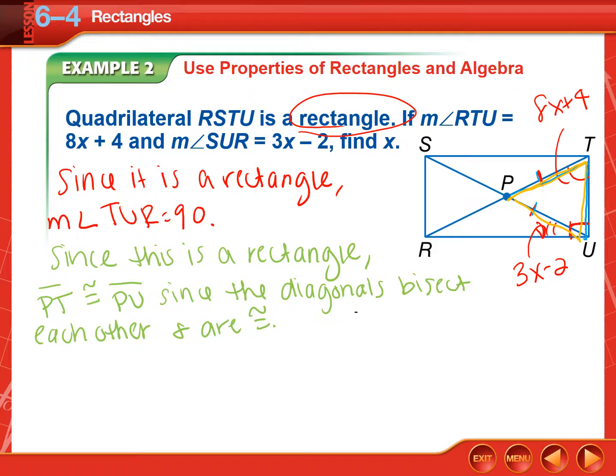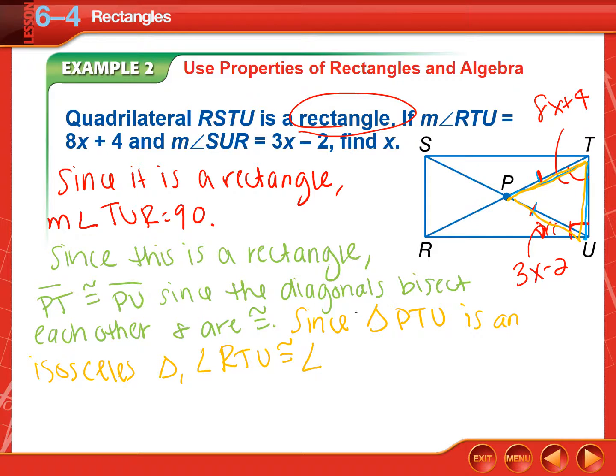So we know that since triangle PTU is an isosceles triangle, angle PTU, or I'm going to actually use the angles that they use in the problem. So that would be RTU is going to be congruent to angle SUT.